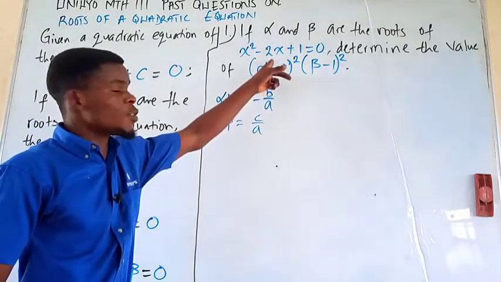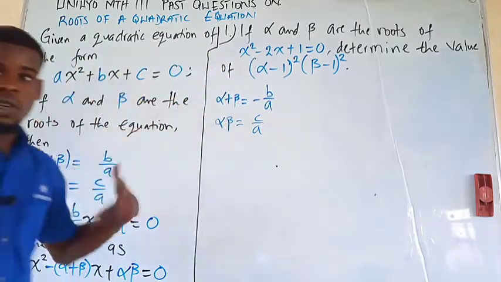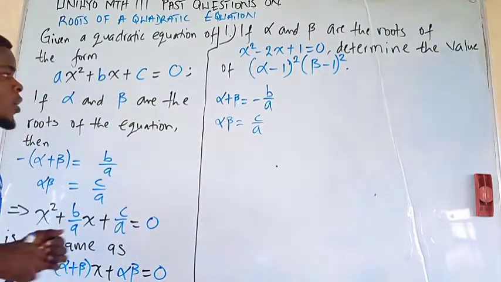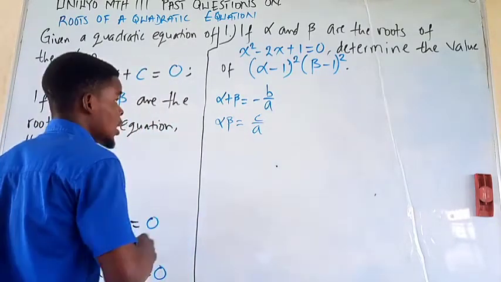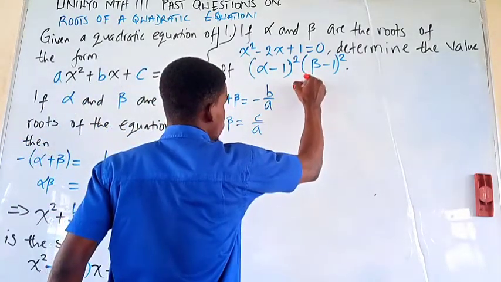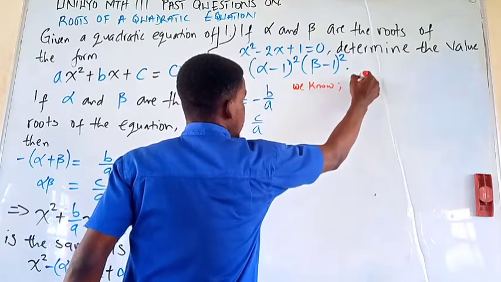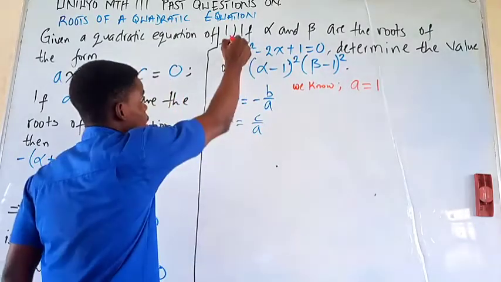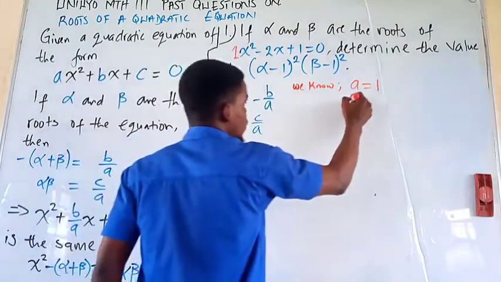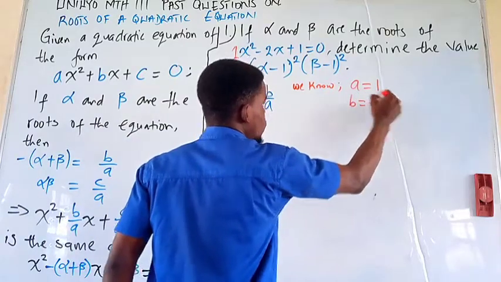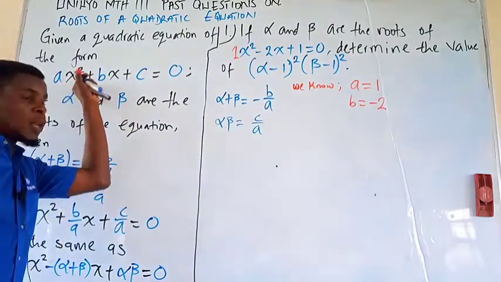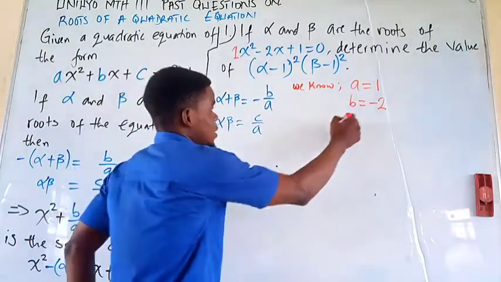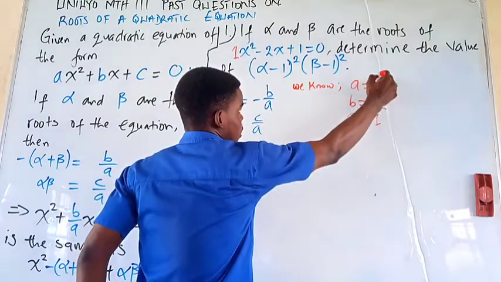And b is the coefficient of x, which is negative 2, since it is supposed to be plus b, so plus b is just plus negative 2. And c is the constant term, which is 1.